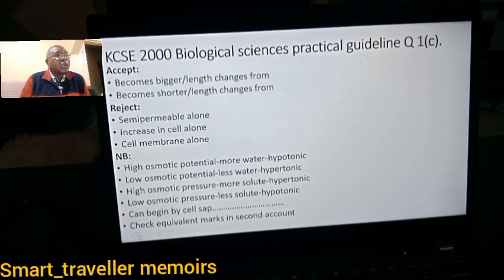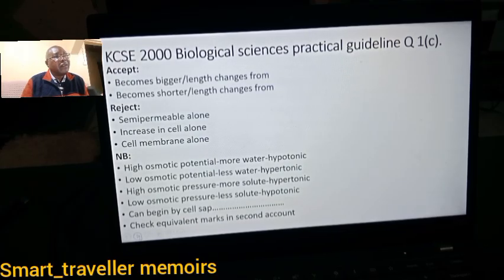1D Roman 1. What would happen if potato cylinders in S2 had been boiled? Answer: no change. But there are alternatives like remains the same, or no decrease in length, or no osmosis, or no loss or gain.